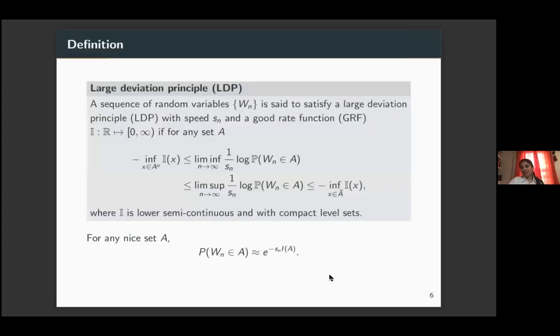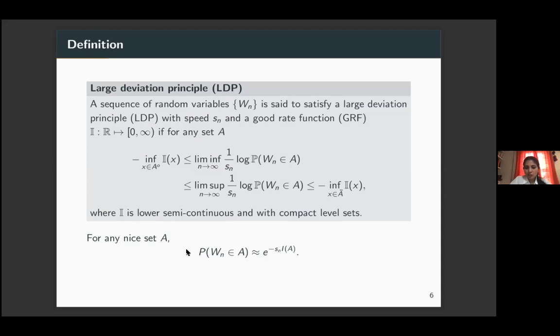So just to recap, I'm sorry if this is a repetition for people who know large deviations very well, but a sequence of random variables Wn is said to satisfy a large deviation principle if, roughly speaking, the probability that Wn lies in A decays exponentially, at some speed Sn, with some exponent I(A), which is typically given as the infimum over some function, which is called the rate function.